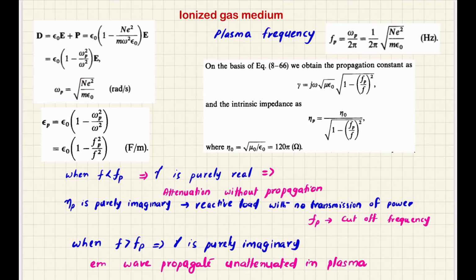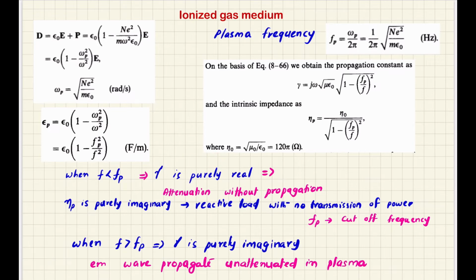When f is less than f_p, this propagation constant will be a completely real term. Sorry, I'll repeat it. When f is less than f_p, this term will be greater than 1, so this will give you a complex value. There will be a j value here and there is a j value here, so when you multiply two purely imaginary numbers, you will get a purely real number.